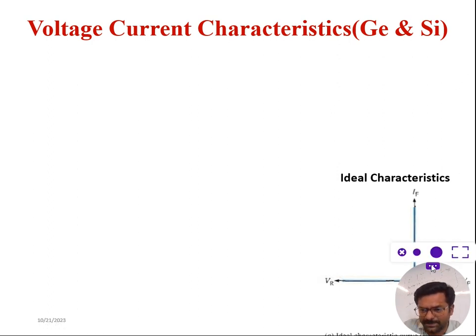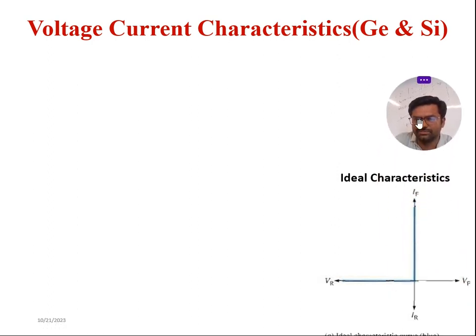What will be the ideal characteristics of a diode? You can observe here, this is the ideal characteristics of a diode. What does it imply? Whenever the voltage applied across the diode is more than 0 volt, the diode should conduct.